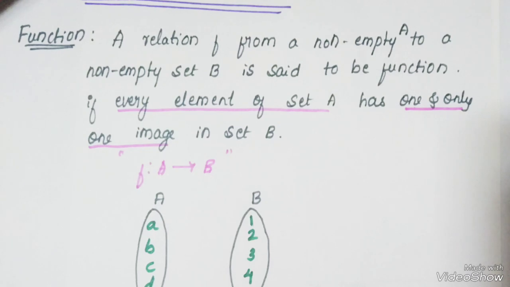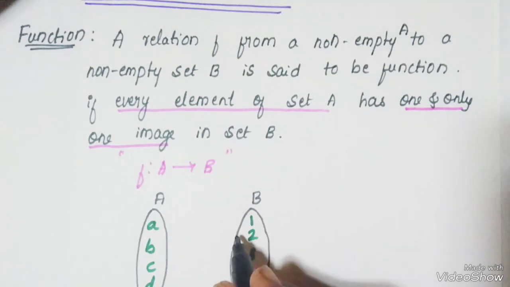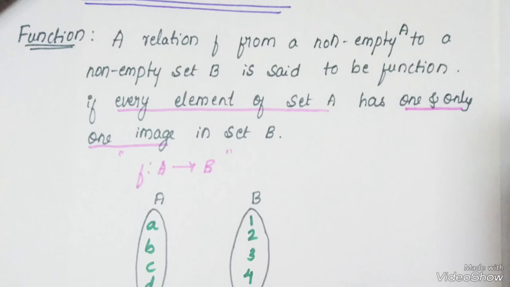All the elements in set A are called the domain, and all the elements which are present in set B are called the codomain.